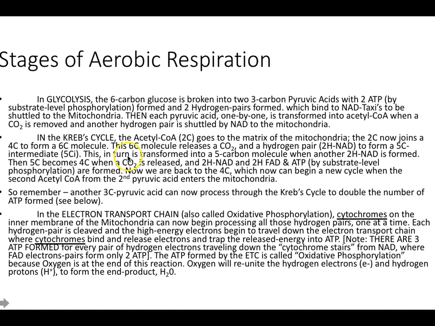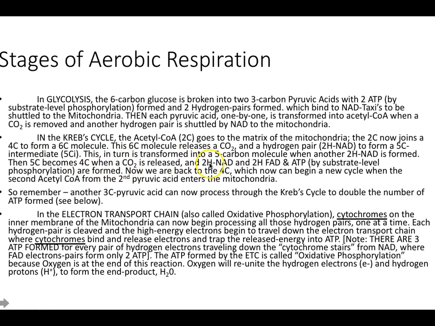This, in turn, is transformed into a 5-carbon molecule, and another 2 hydrogens are formed. It's taken by NAD, taxied to the electron transport chain. The 5-carbon becomes 4-carbon. You release a CO2.